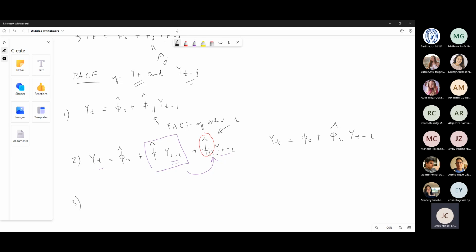Now, I want you to tell me how to compute the third order PACF. Jody? Es poniendo los mismos componentes, solo que con este símbolo de 3 con gorrito y como que absorbiendo el primer y el segundo lag.